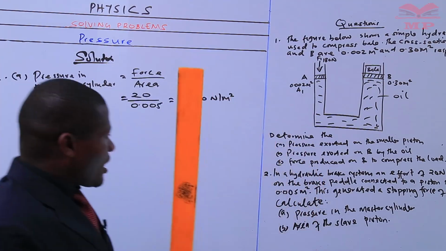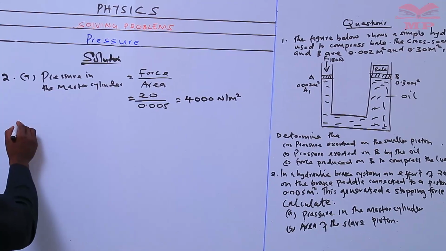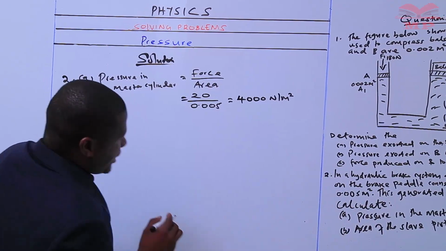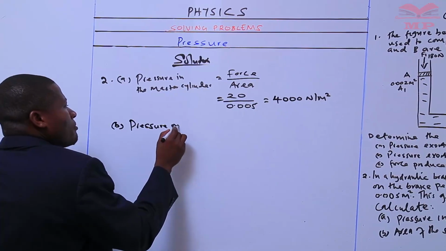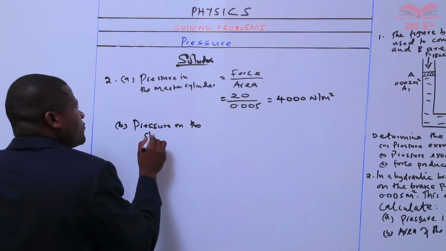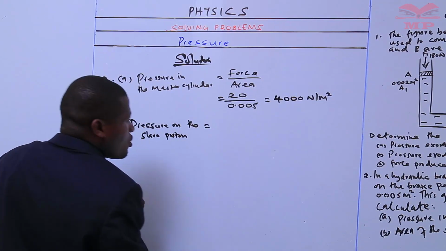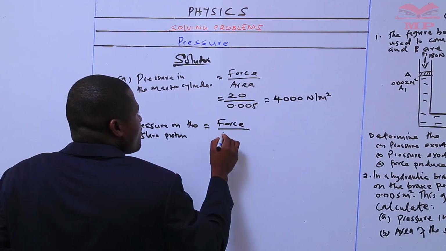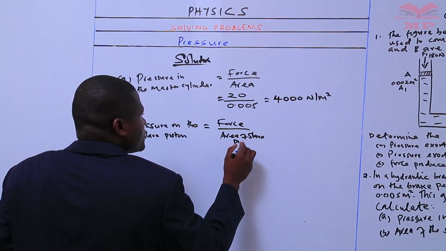So pressure on the slave piston, we are being asked to calculate the area, but we know that pressure on the slave piston is equal to force over the area of the slave piston.